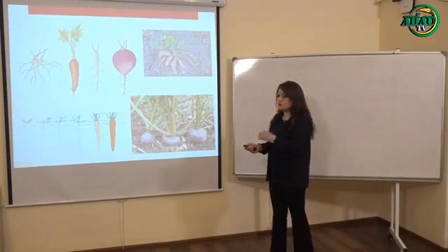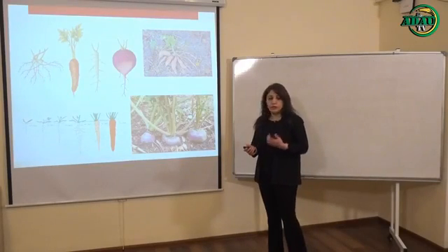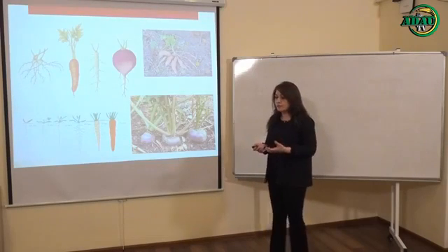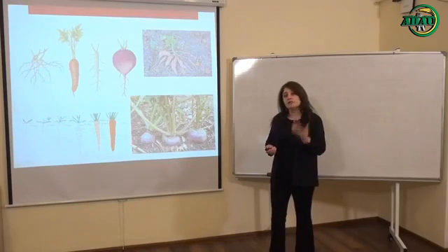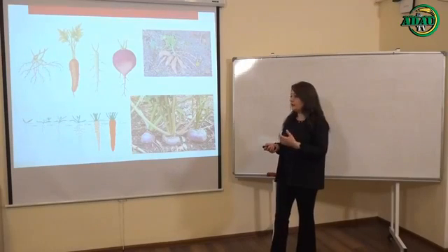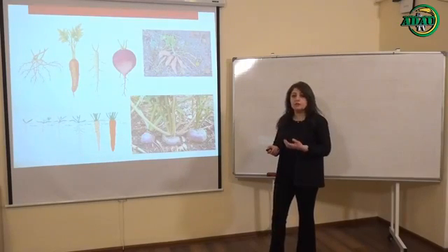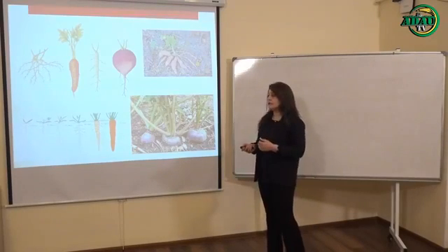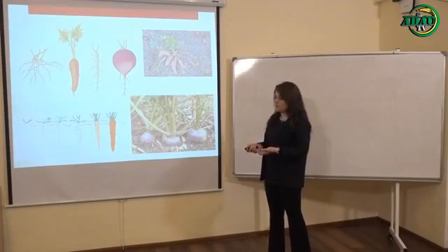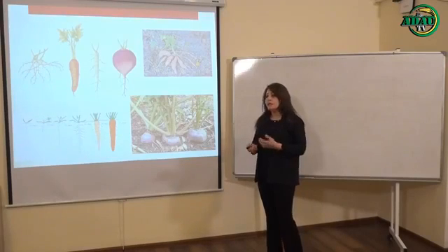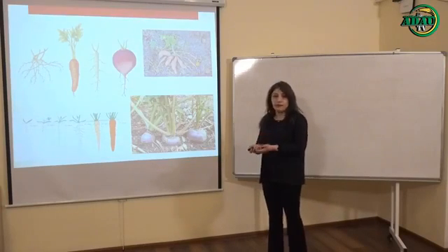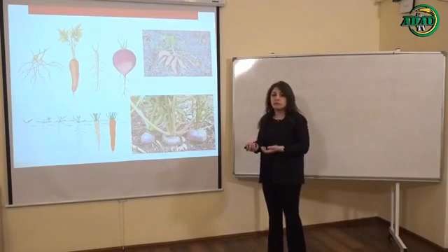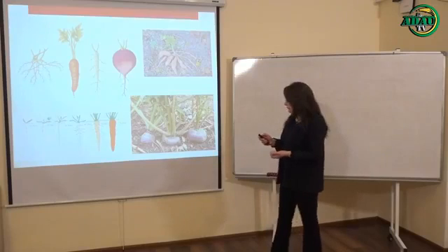Roots usually use a part of these organic matters or reserve materials for their own growth and development, for their own respiratory needs. But the rest of these reserve materials are later transported to other organs of plants for the growth and development of the plant.